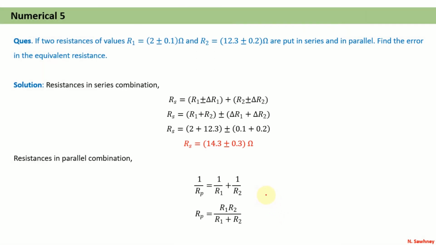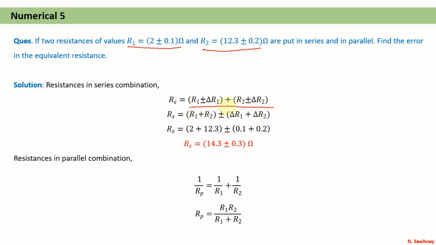Let us attempt the last numerical. If two resistances are given and they are arranged in series and then in parallel, we have to find the error in the equivalent resistance. When they are arranged in series, we simply have to arrange the two resistances in such a manner that their values get added up.